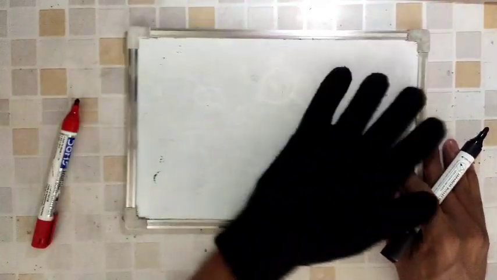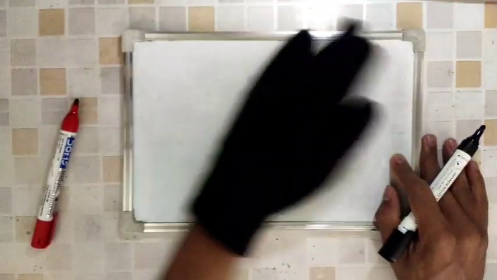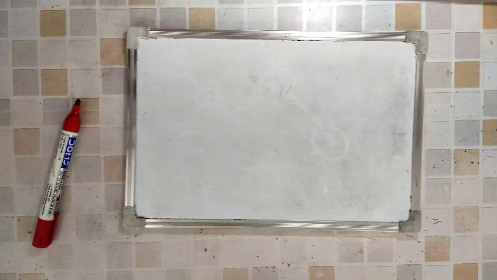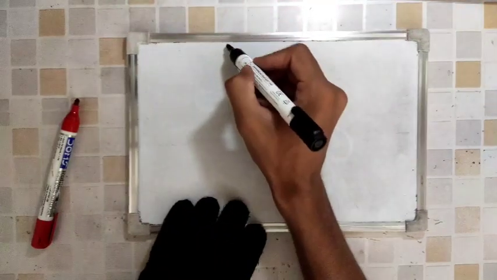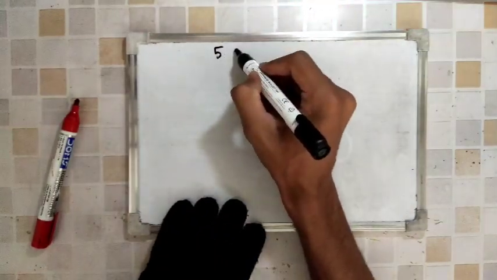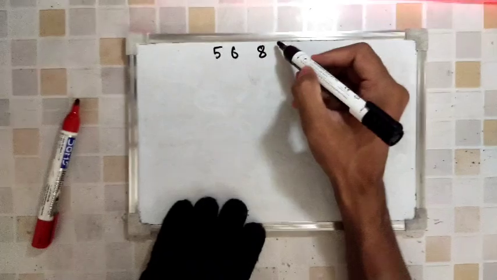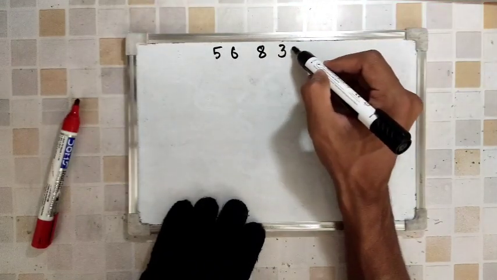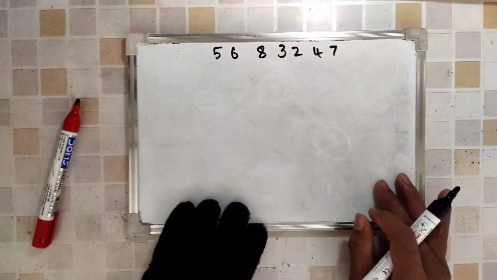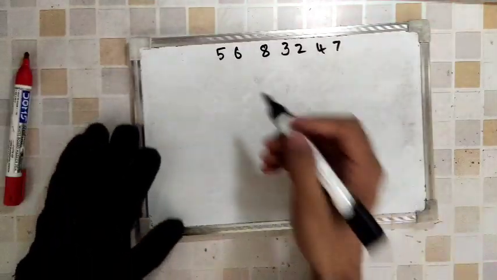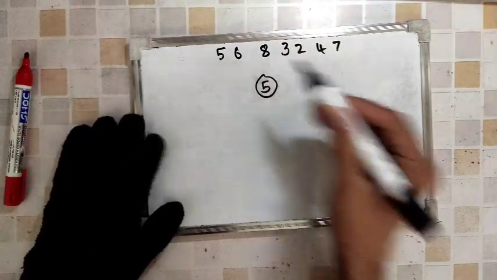Yes, sometimes they will give a list of numbers, and then they will ask us to make a balanced search tree from the given list of numbers. So let us try. 5, 6, 8, 3, 2, 4, 7. Okay, so first I will take 5, the first number is my root.